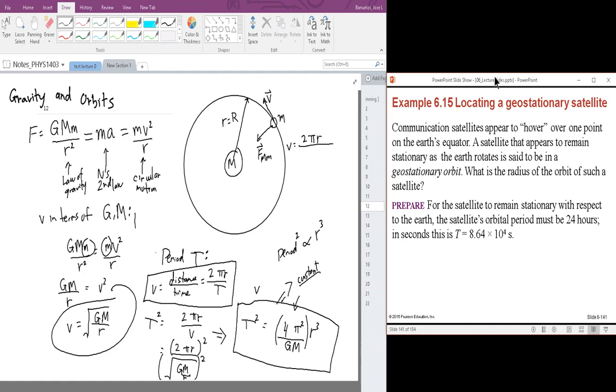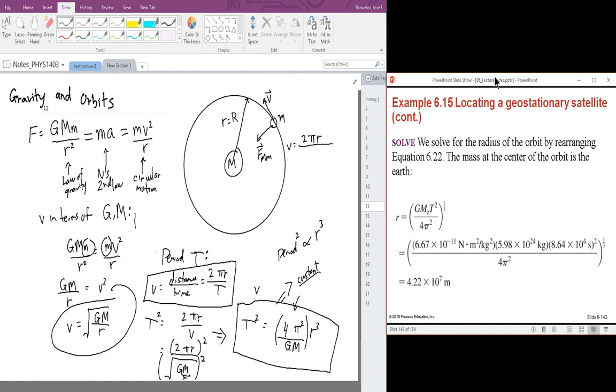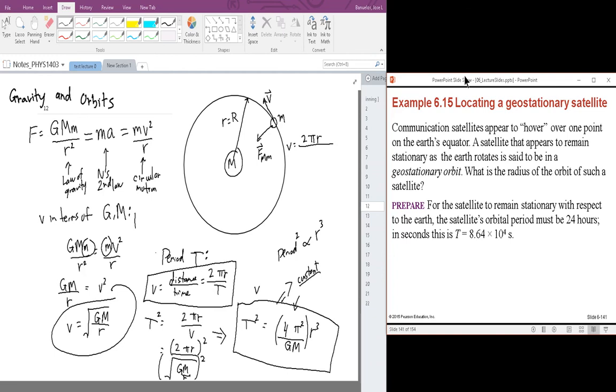So for this problem, the idea here is that we're going to take our expression for the period and solve for the radius that gives us the 24-hour period. Okay, so let's go ahead and write down our expression on the next page here.